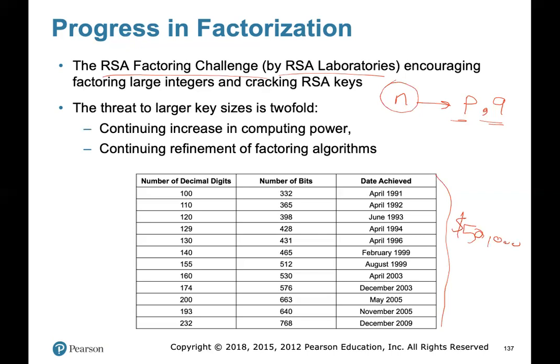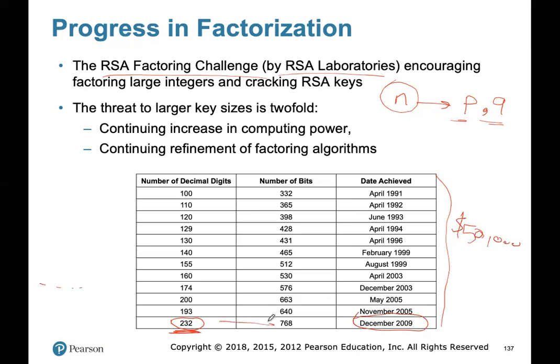For example, the latest broken one was in 2009. Here the people are not attackers, they are researchers, cryptography people who try to do the factorization, and they were able to factorize an n that had 232 digits. So we are talking about a very big number, a number with 232 digits.